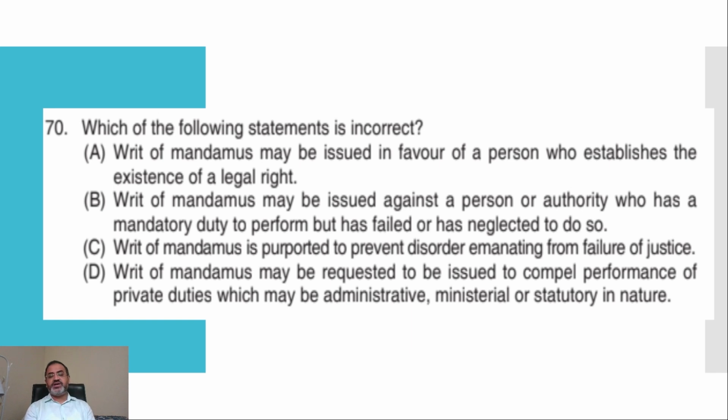And then we will see the specific passages based on those fundamental rights, and then we'll answer the questions that have been asked or may be asked from the passages in the legal reasoning chapter.